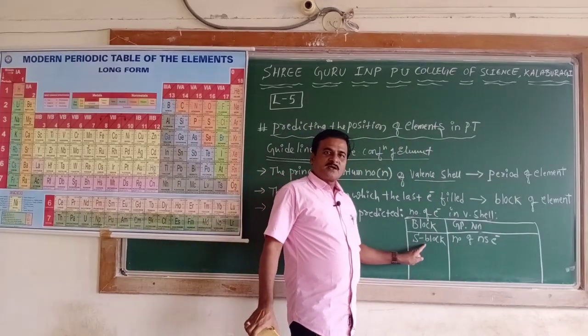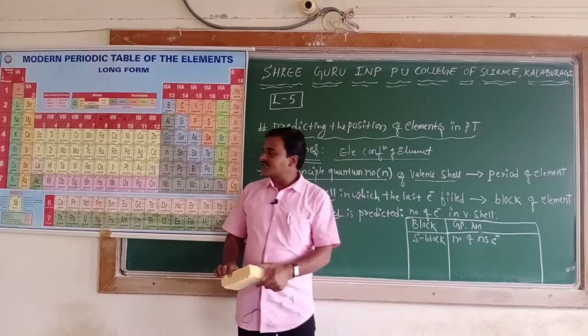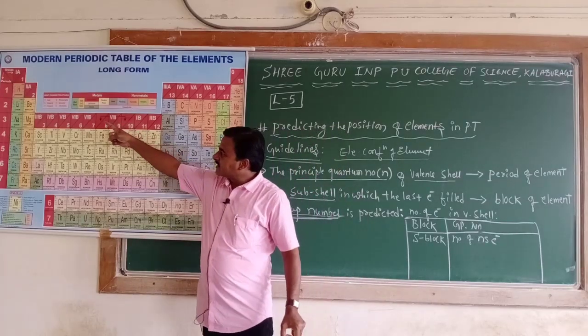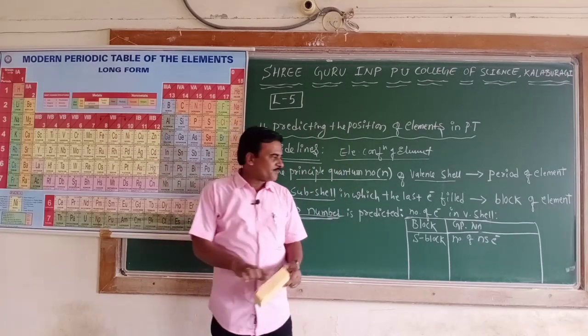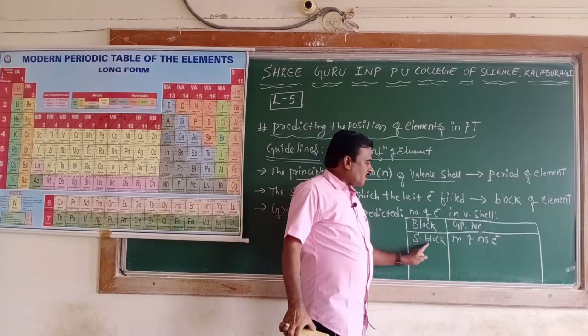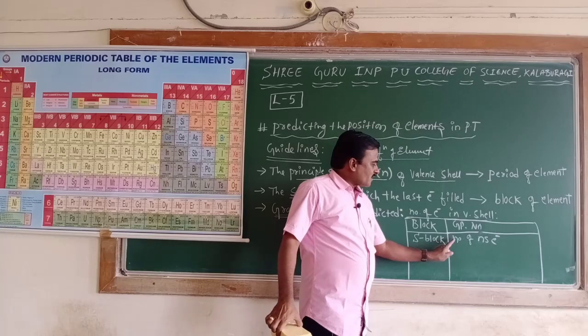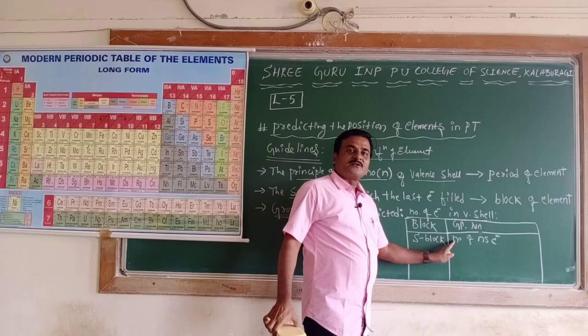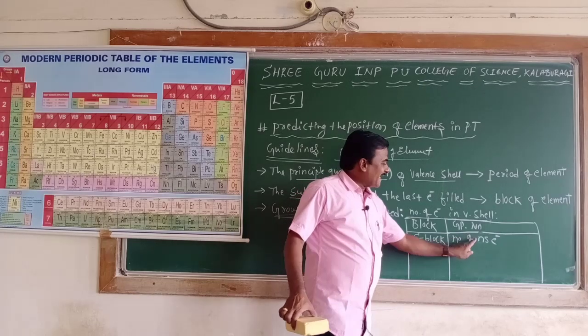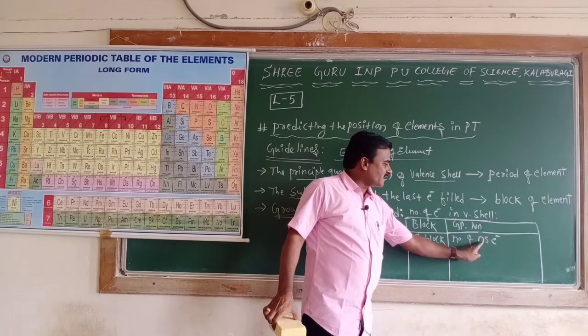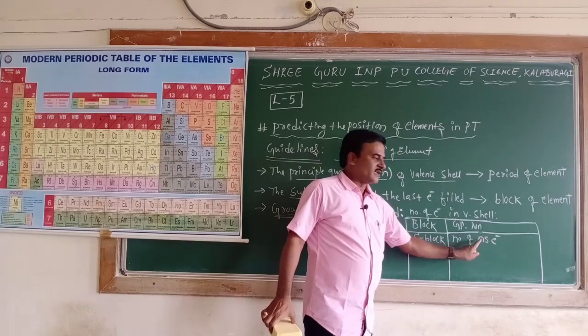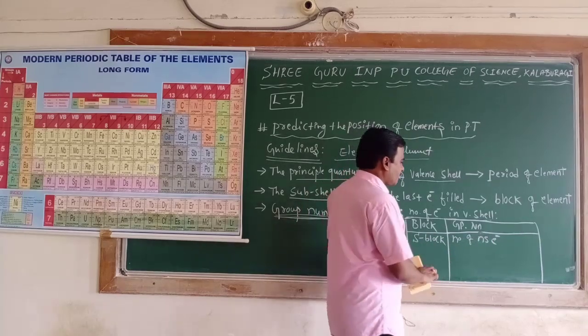The s block consists of group 1 and group 2. So in the case of s block, the group number is predicted with the help of the number of ns electrons present in the outermost s shell.